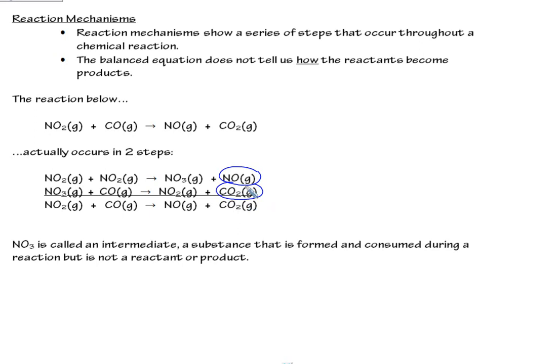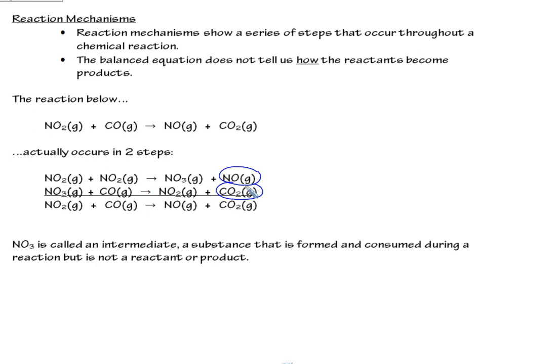I'm initially reacting two molecules of nitrogen dioxide, but do you see in the second step we actually form one? We can cancel these. In the long run, I want to look at a sum of all the reactant particles and all the product particles.